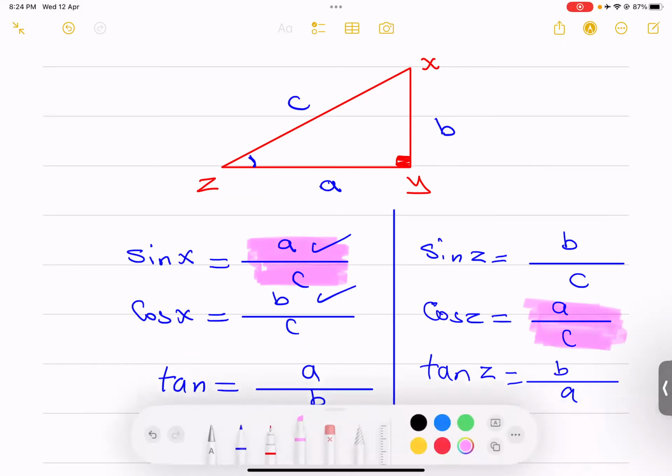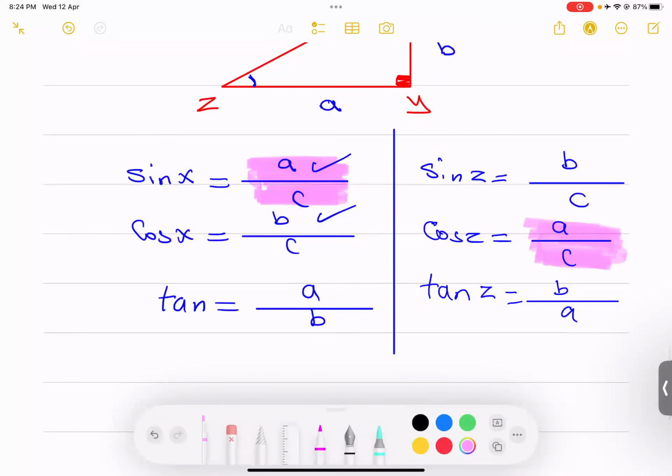So it's going to be C over A. Can you see this part? Yeah. I'm trying to string it together. So it's clear that whenever we work on the same triangle, the sine of one of the two complementary angles equals the cosine of the other. I'm going to convince you why right now.